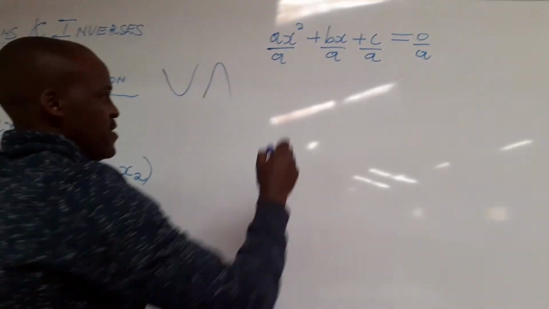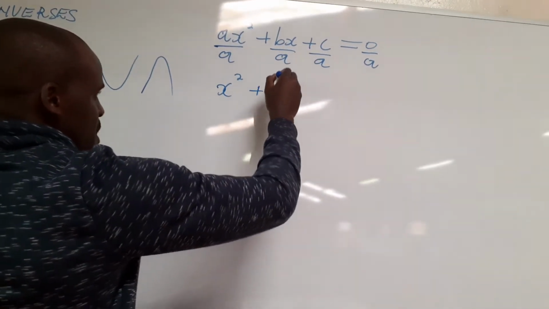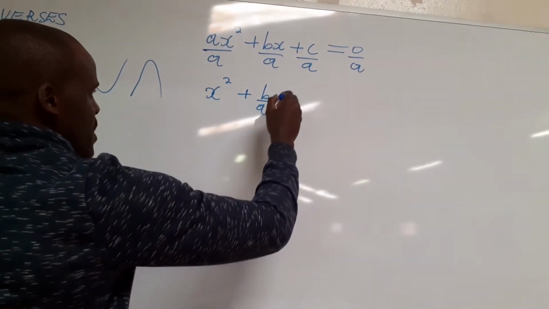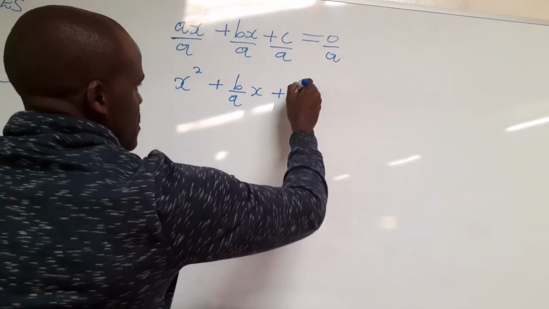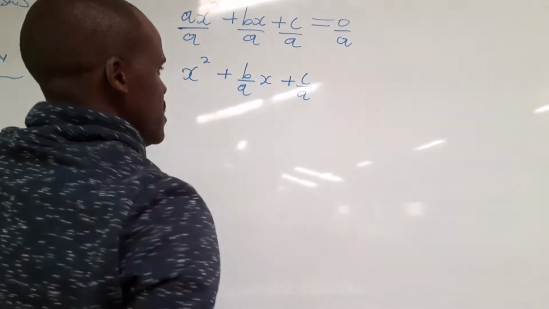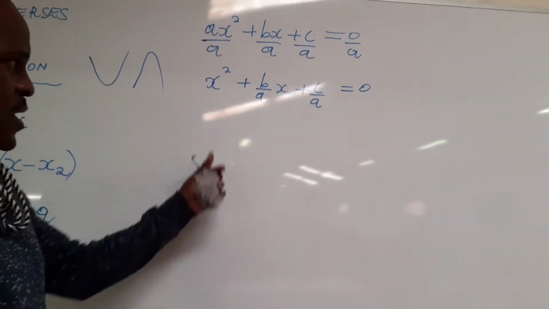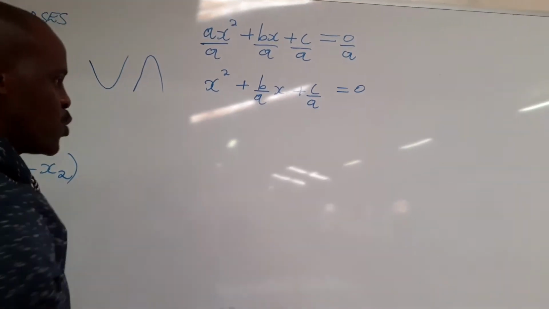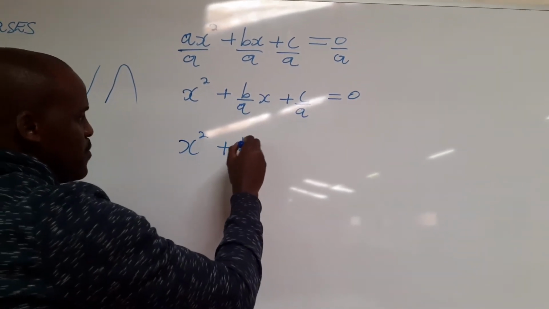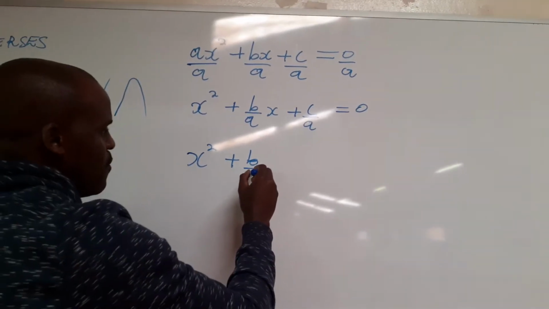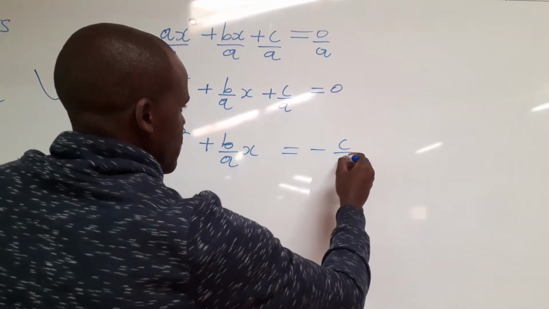After dividing by a, you'll be remaining with x squared plus b over a x plus c over a equals 0. Let us now try to complete the square. It's x squared plus b over a x, and we are transposing c over a.